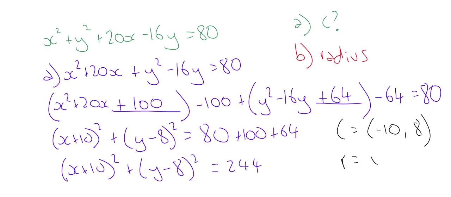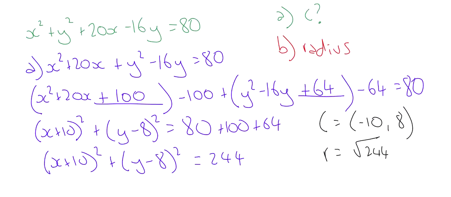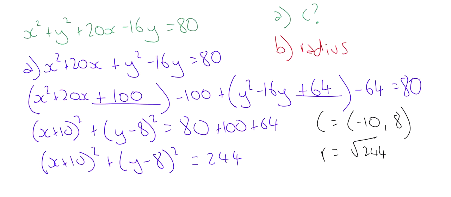Good, root 244, and remember we have practiced simplifying our surds, and if you simplify that, you get 2 root 61. That is 4 times 61, 2 root 61. Most of your calculators will do that for you. If you type in root 244, hopefully it gives you a simplified surd, but it might not.